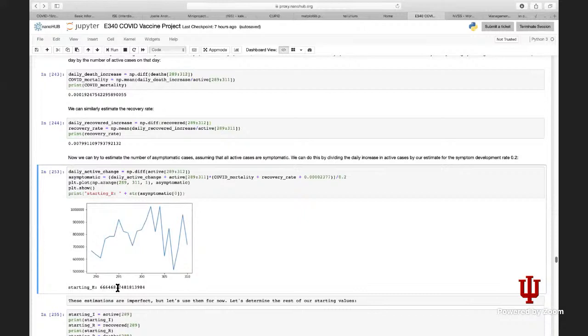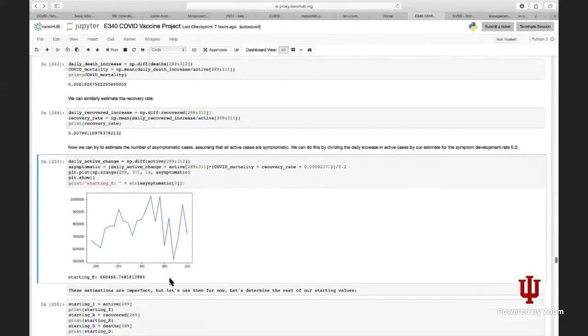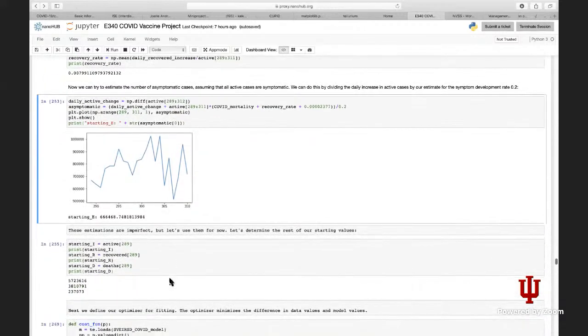So this was an interesting result to see that it was a lot less than our number of symptomatic cases. But since we don't really know the breakdown between symptomatic and asymptomatic cases, that seemed like what I had to go with for the sake of estimation. But I account for this in my simulation code, where I do allow for a bigger range of value exploration for the initial number of asymptomatic cases.